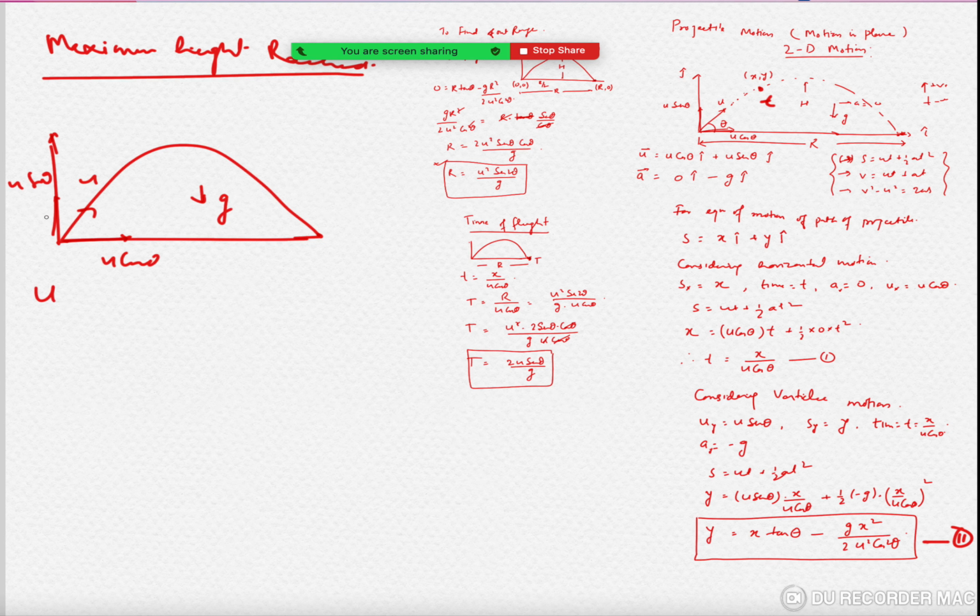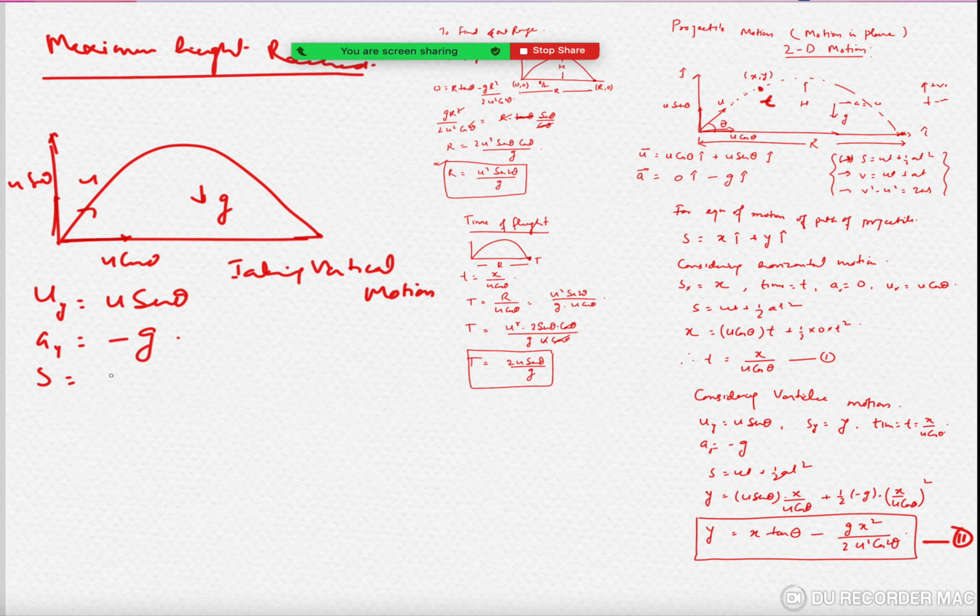If I take vertical motion, u_y is u sin theta. Upward I am taking as positive, so the acceleration is in the downward direction, so I take minus g.